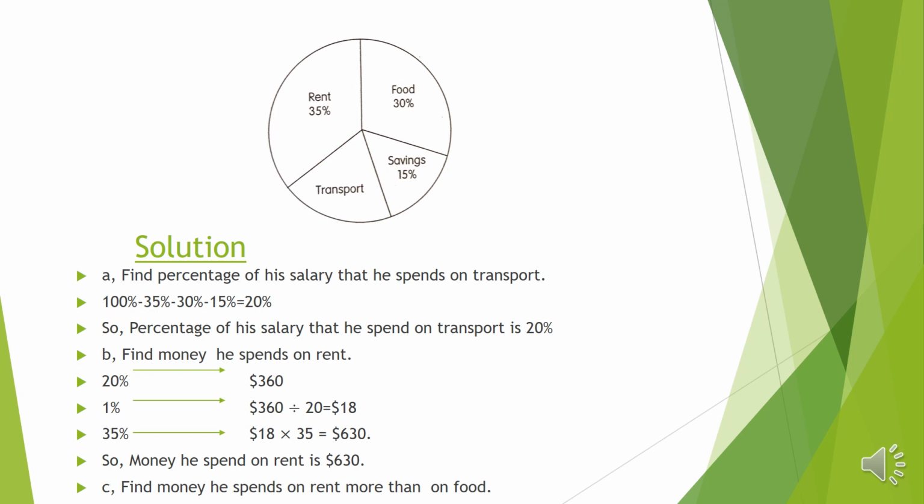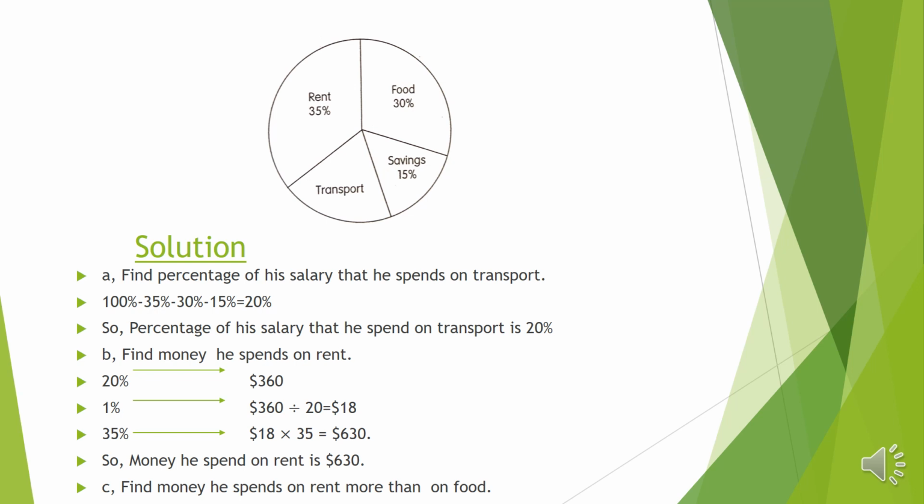Letter B. Find money he spent on rent. You know for transportation we have money $360, so we need to find 1%. We got $360 divided by 20 equals $18.